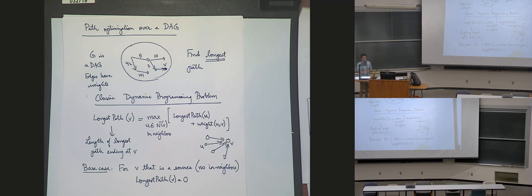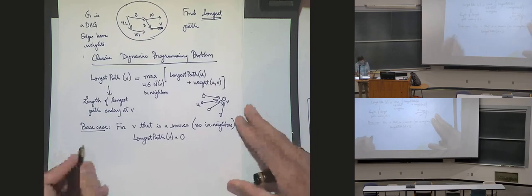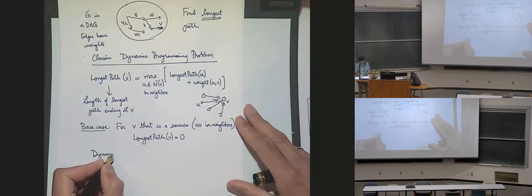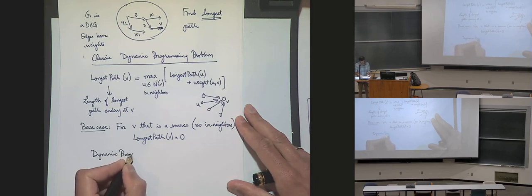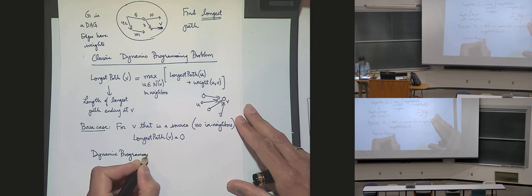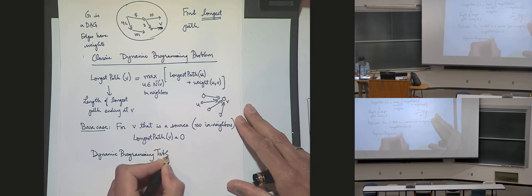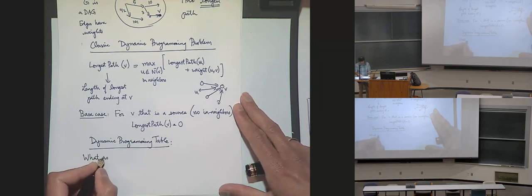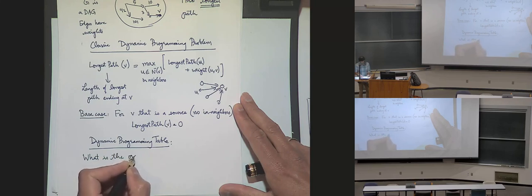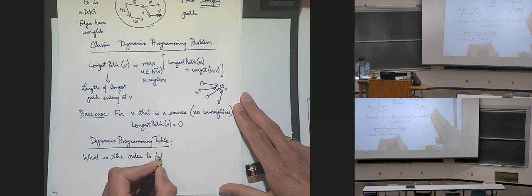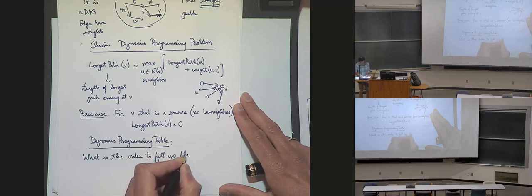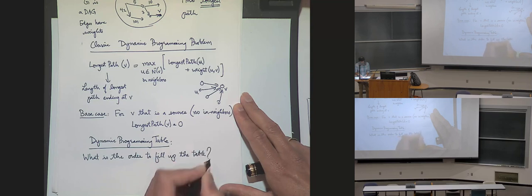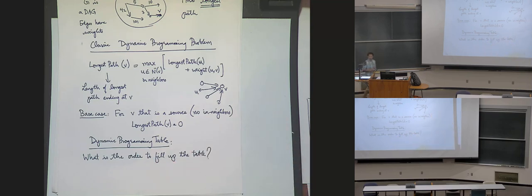So if we look at the dynamic programming table, what is the order to fill up the table? How do you find the source nodes?